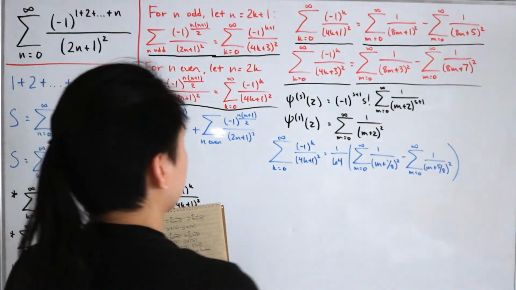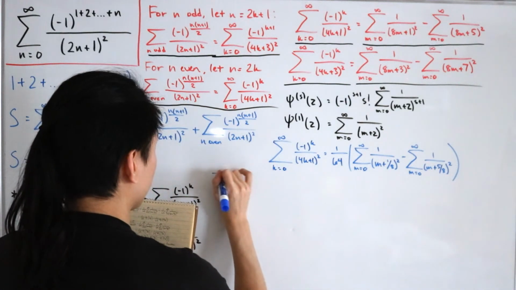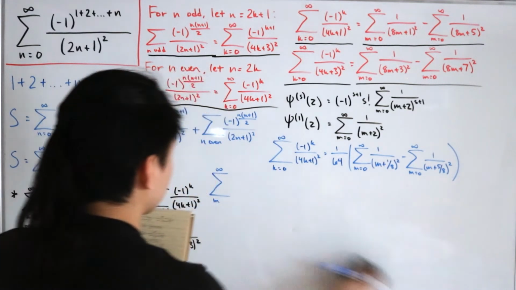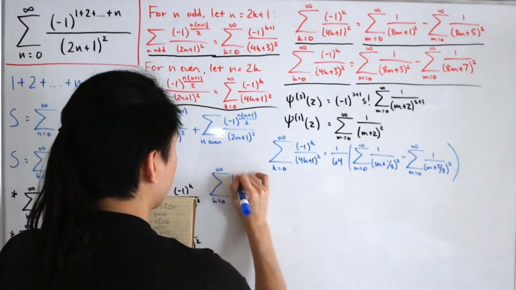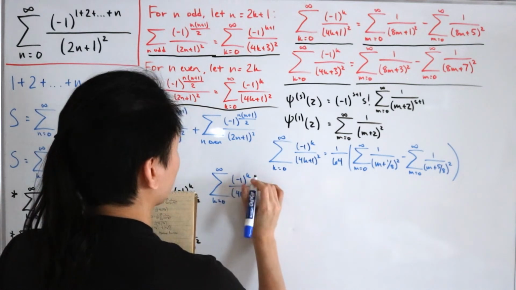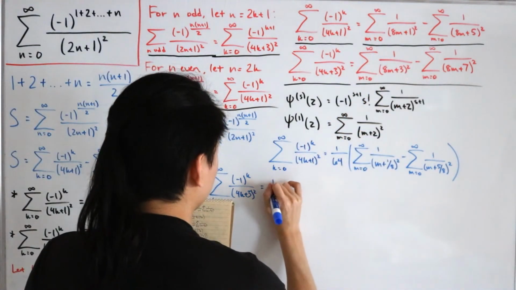And now we can do the same thing for this one over here. I'm going to utilize some roots. I'm going to put this over here. So the infinite sum, it's supposed to be k actually, k equals 0 of negative 1 to the power k divided by 4k plus 3 squared. Then that's going to equal, applying the same thing, I'll factor out a 1 over 64.